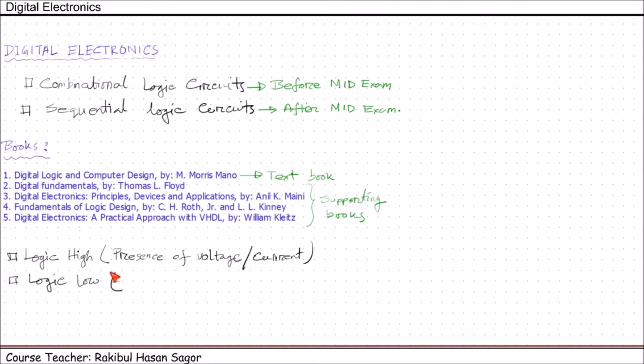If we convert it in terms of our electrical engineering methods, then this logic low says that it's absence of voltage or current. So generally this is represented by 1 and this is represented by 0. Presence of voltage, absence of voltage, or presence of current or absence of current.